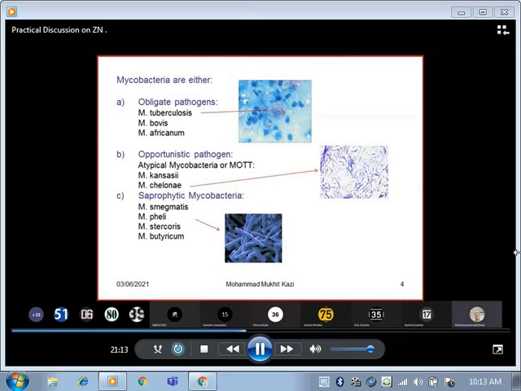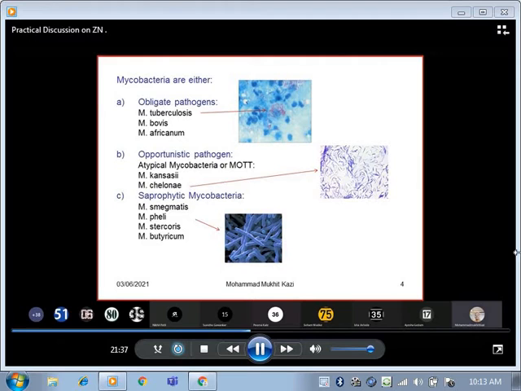Okay. Then you must also know the various aspects of Mycobacterium. What do we do for a sputum sample? Do we directly inoculate onto the culture media, or do we perform the ZN stain? We used to inoculate directly onto the culture media, or we used to prepare the smear and stain with the ZN stain.